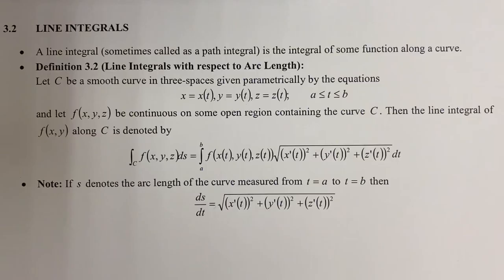Right, moving to subtopic 3.2, we have line integrals. A line integral, or sometimes we call it a path integral, is the integral of some function along a curve. Normally, we denote the curve as C. Definition 3.2 gives the definition for line integral with respect to arc length.